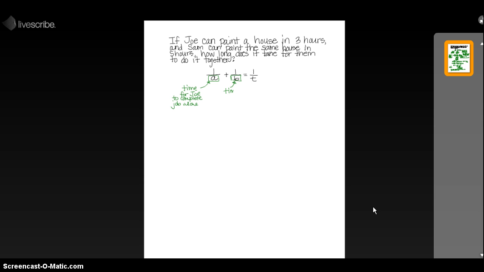So B would be time for Sam to complete the job alone. Now, T, since there's not a third person, T is going to be the time it takes for Joe and Sam to complete the job working together.